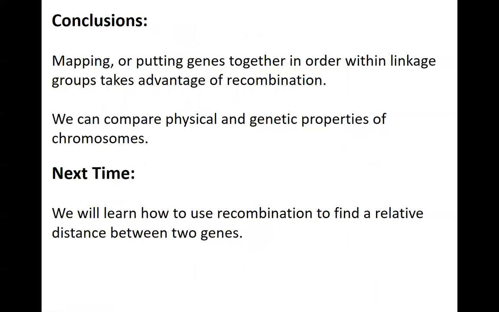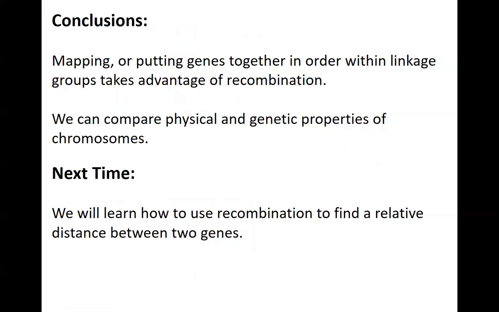So it's going to be kind of like thinking, okay, it takes me 5 hours to drive from Shreveport to New Orleans, all right? But if there's traffic in Baton Rouge, it's going to be longer, okay? So the distance is going to be the same, but what happens in between, we'll see relating that to recombination, okay?